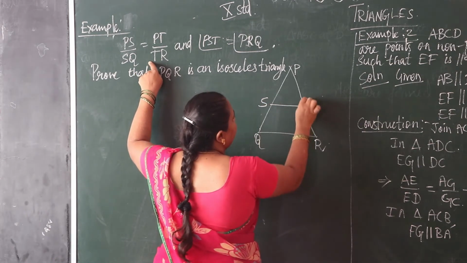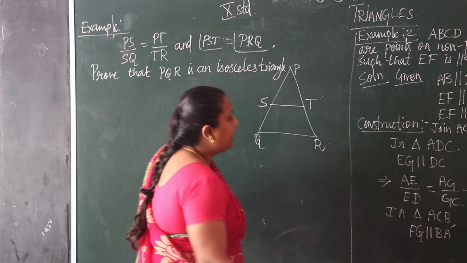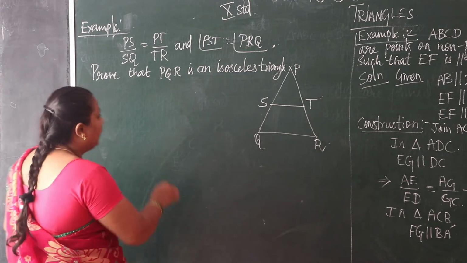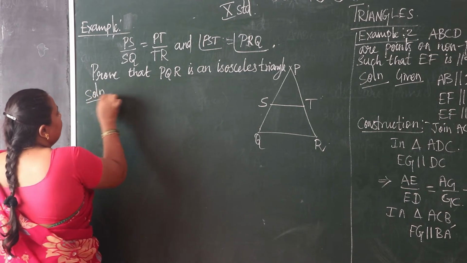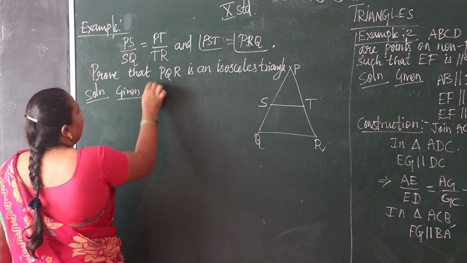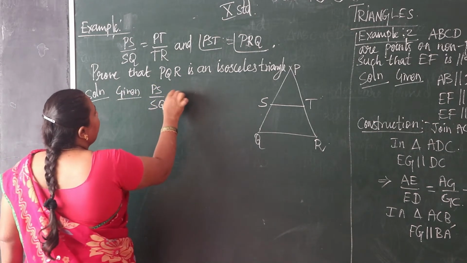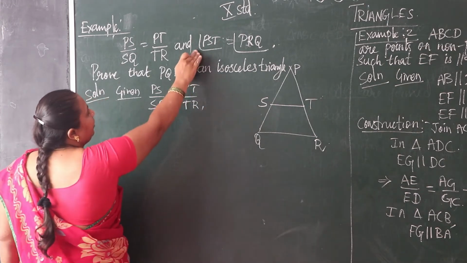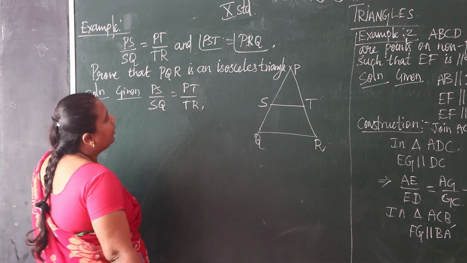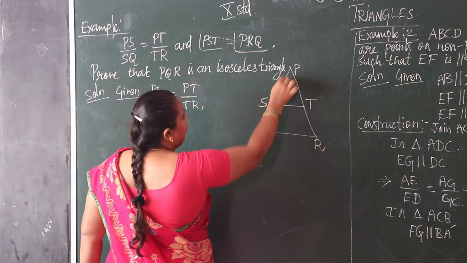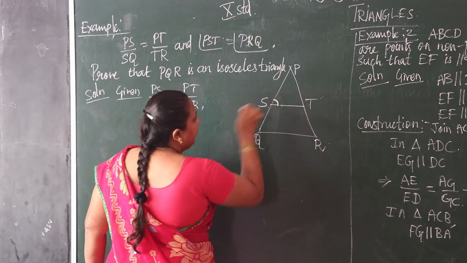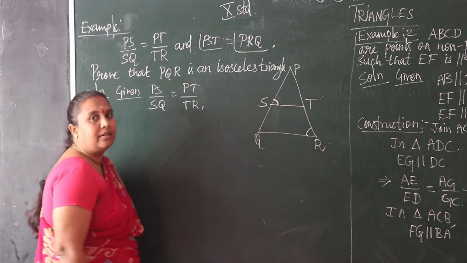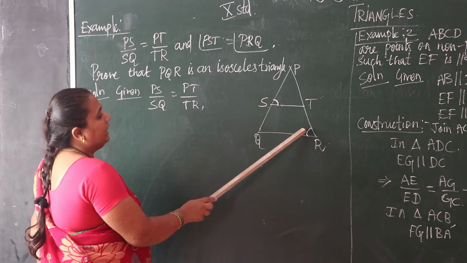The figure is given, PS by SQ equals PT by TR, that is also given, and this is also given: angle PST equals angle PRQ. These two angles are given, so these two angles are equal.